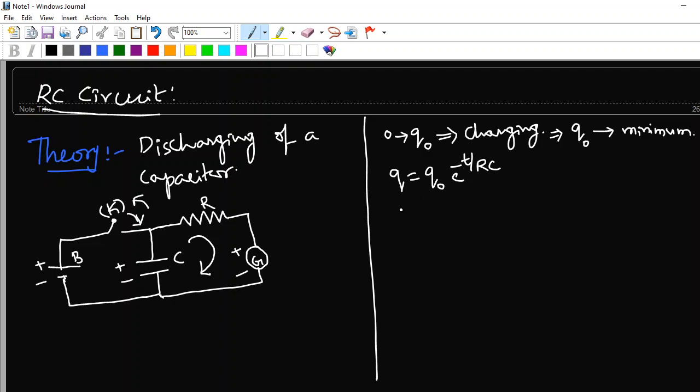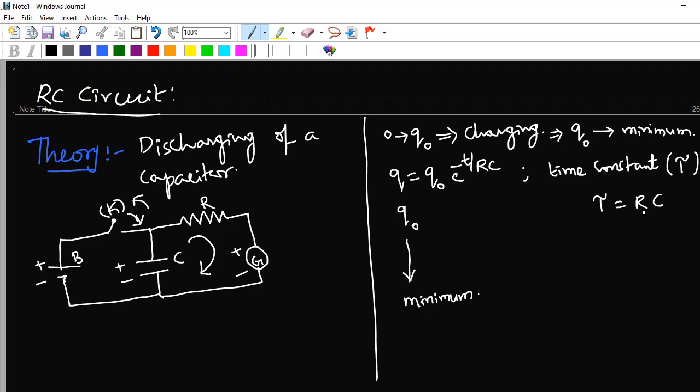During discharging, initially the charge is at Q0, and as time goes on, this charge is going to decrease and come to a minimum. And there is a time called the time constant, which is in general represented by tau, and mathematically it is given by tau = R × C.